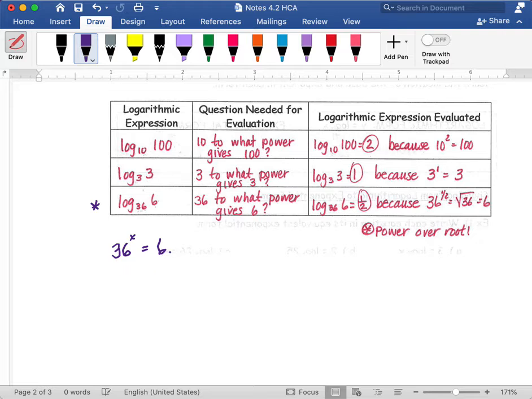And when we convert the square root from radical form to rational exponent form, it's 1/2. So 36 to the power 1/2 equals 6, and we see this x then equals 1/2. If you have questions, let me know so I can help you.